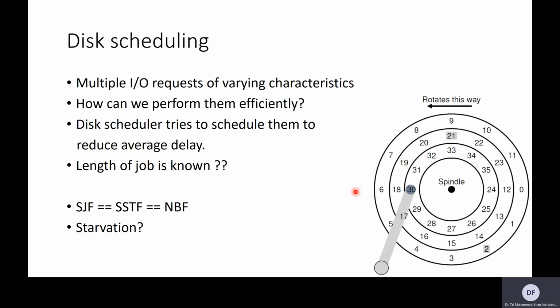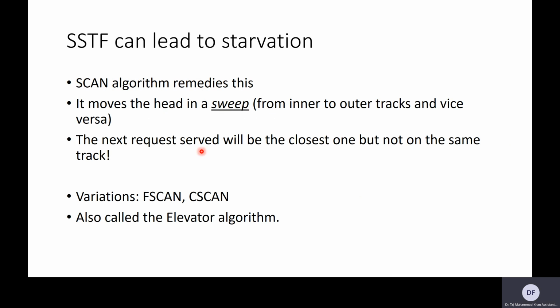Okay, and vice versa. So this SCAN algorithm has different variations, F-SCAN, C-SCAN, and it is sometimes also called the elevator algorithm. Because an elevator also serves different floors in a building. Let's say you were at a top floor and you wanted to go to the ground floor.